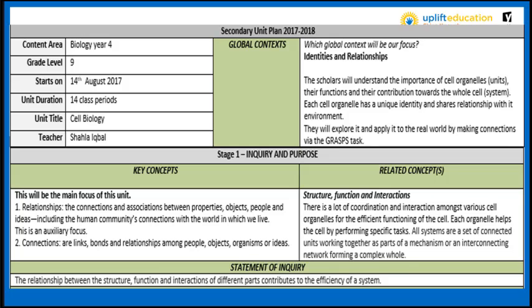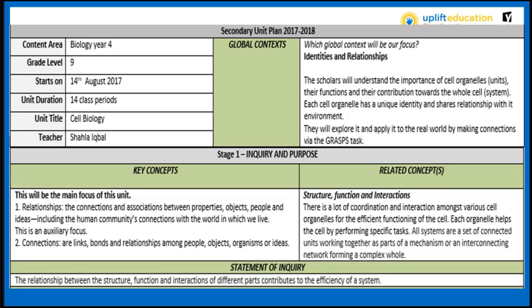The next part comprises the global context. There are 6 prescribed global contexts, and there is a drop box from where you can choose the global context that you think pertains to this particular unit.